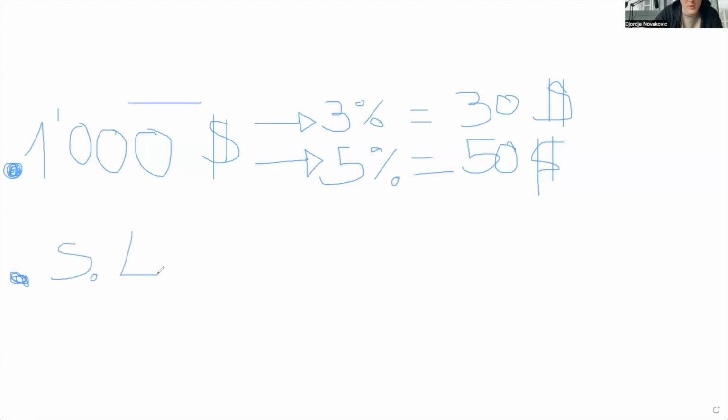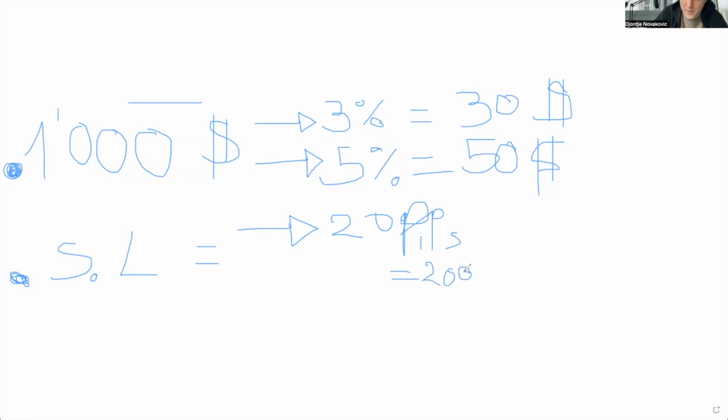Let's say we have a stop loss of 20 pips. 20 pips is equal to 200 micro pips, okay?